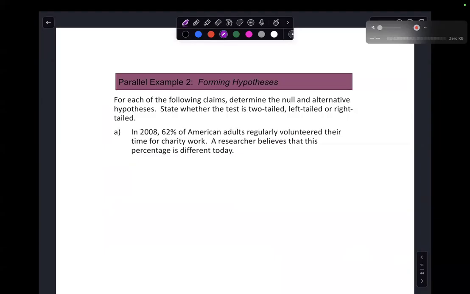So before we even talk about what tail it is, I'm going to write my null hypothesis, H naught, and we're looking at percent. We're looking at a probability. So I'm going to put P equals 0.62. Always equals. And we're looking at the proportion of Americans who volunteer for charity work is equal to 0.62. This is my null hypothesis.